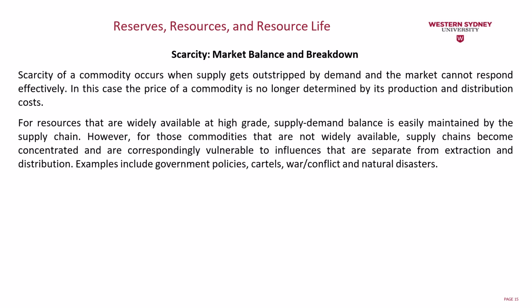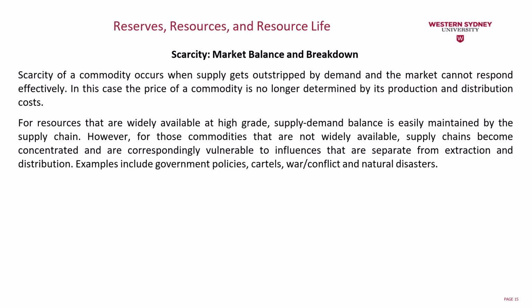For resources that are widely available at high grade, the supply-demand balance is easily maintained by the supply chain. However, for those commodities that are not widely available, the supply chain becomes constrained and is correspondingly vulnerable to influences that are separate from extraction and distribution.